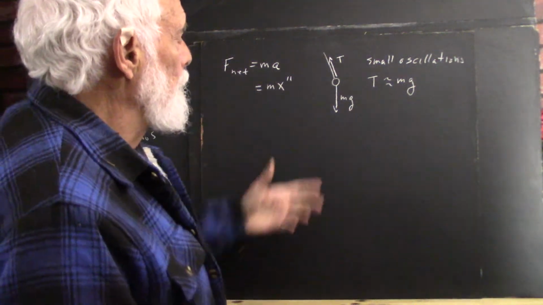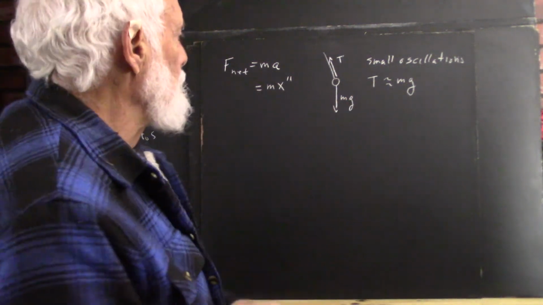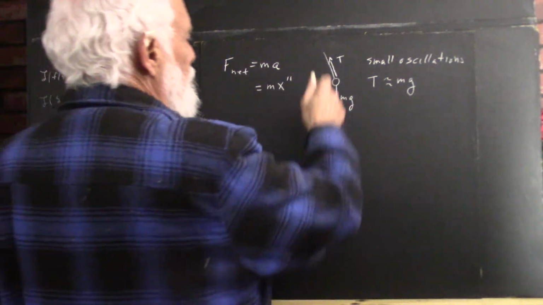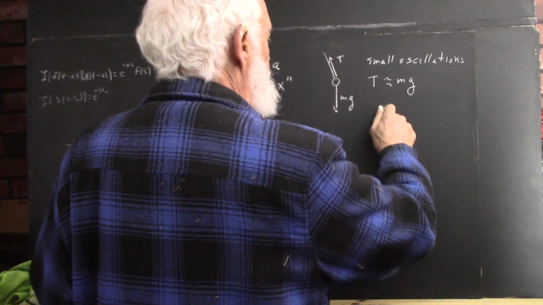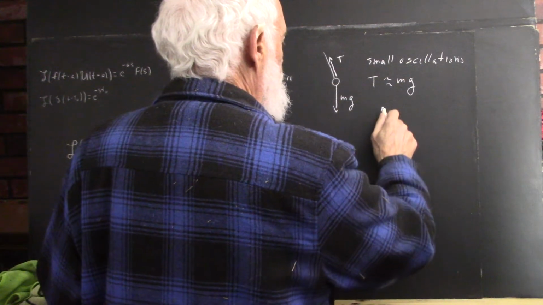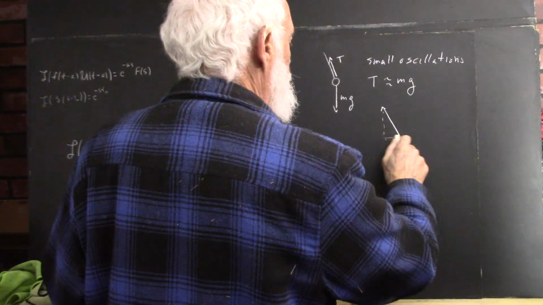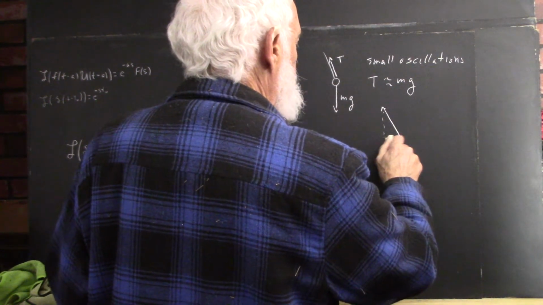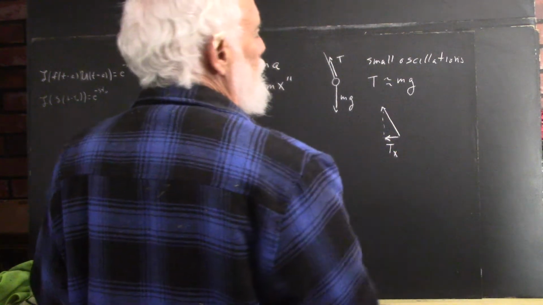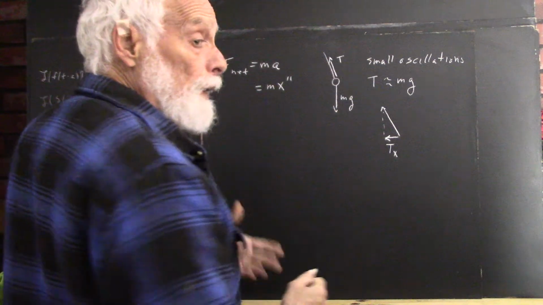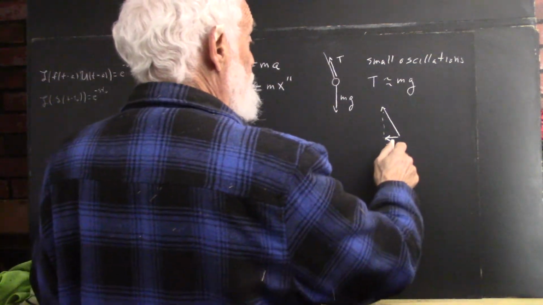So we neglect the difference. If tension is approximately equal to mg, then the tension has components, well, it has a component in this direction. So we'll call this a tension T sub x, the tension in the x direction.